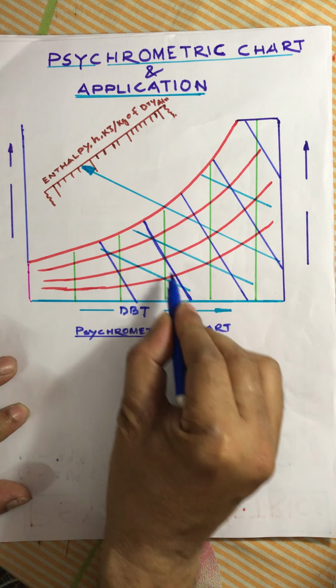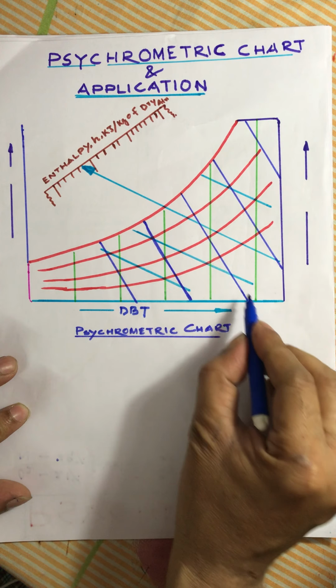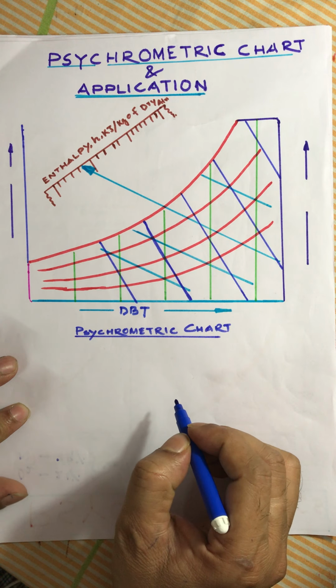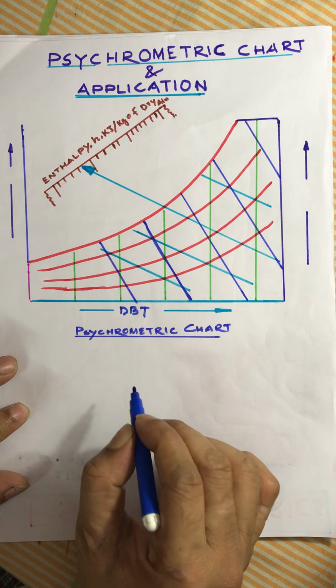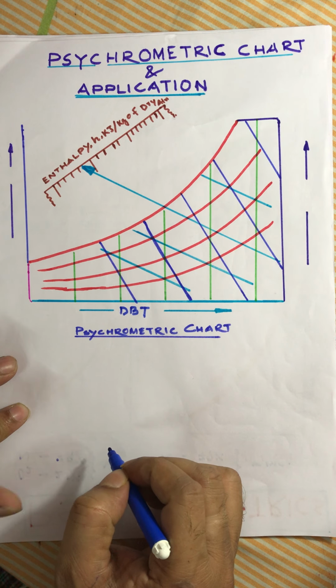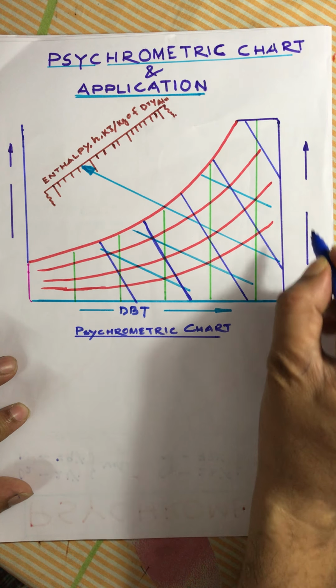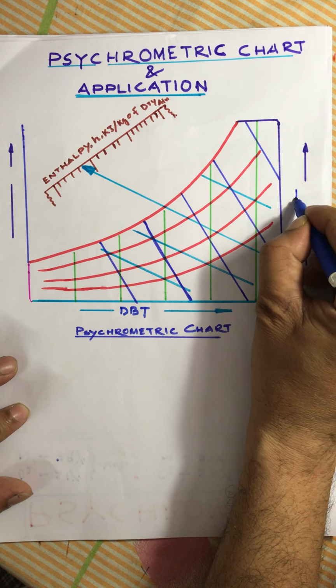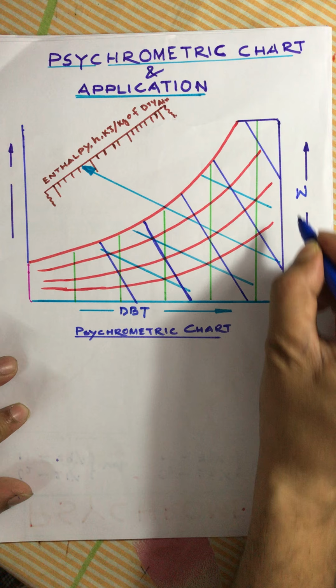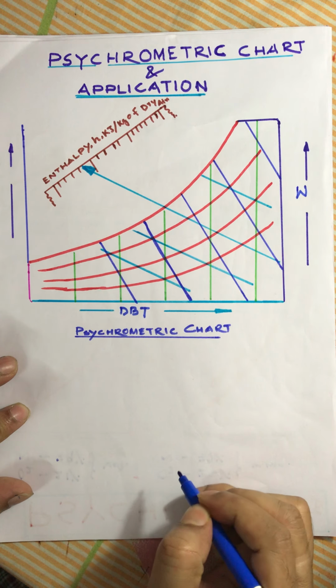This vertical green line is representing the constant dry bulb temperature line, and this axis will represent the W, that is specific humidity.